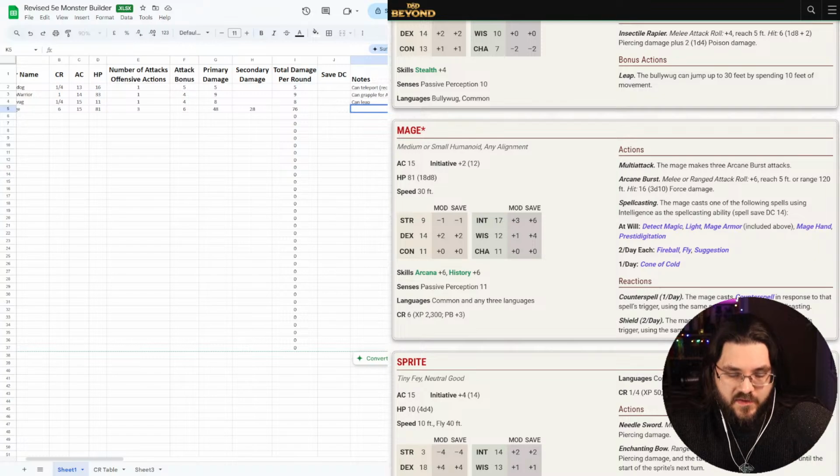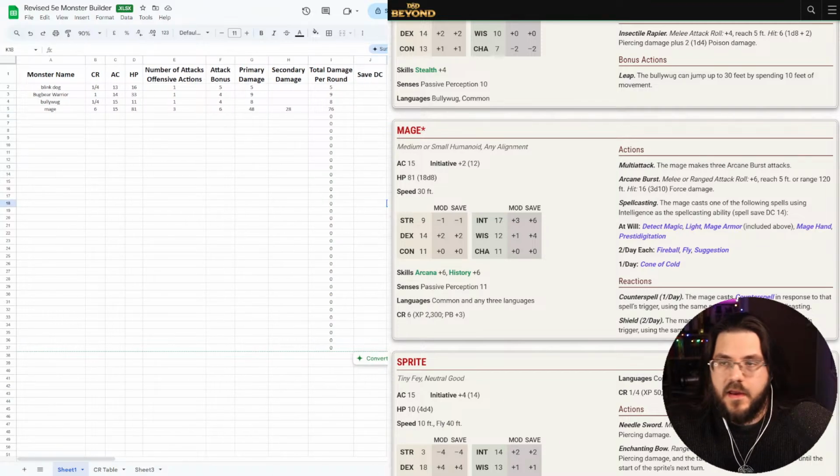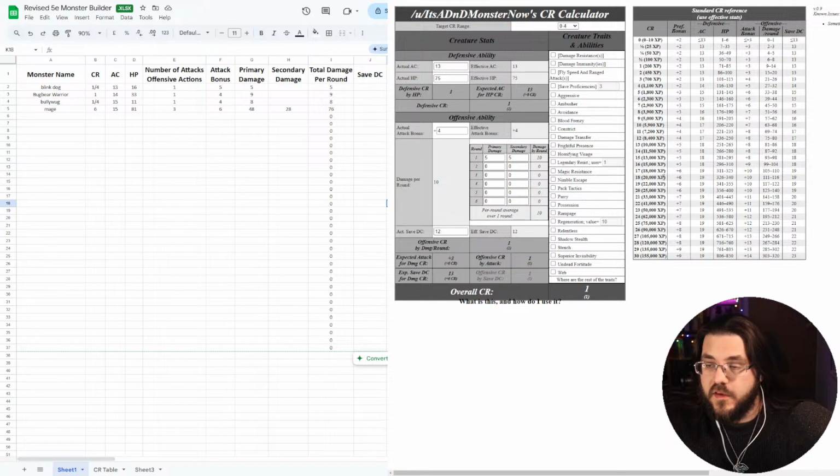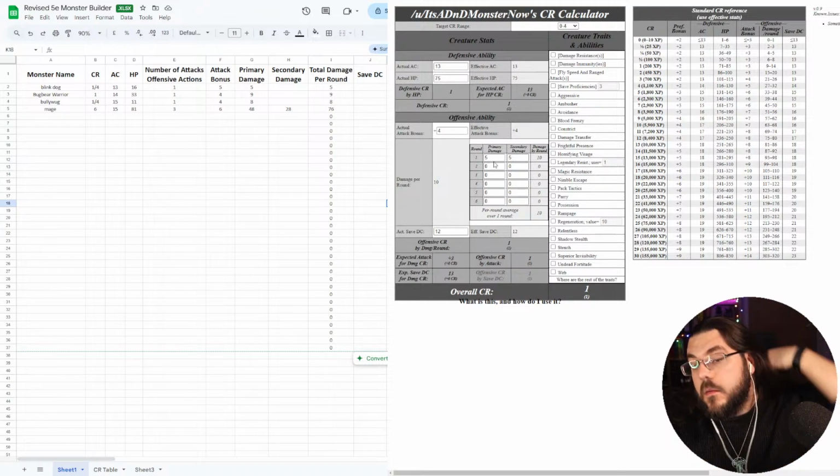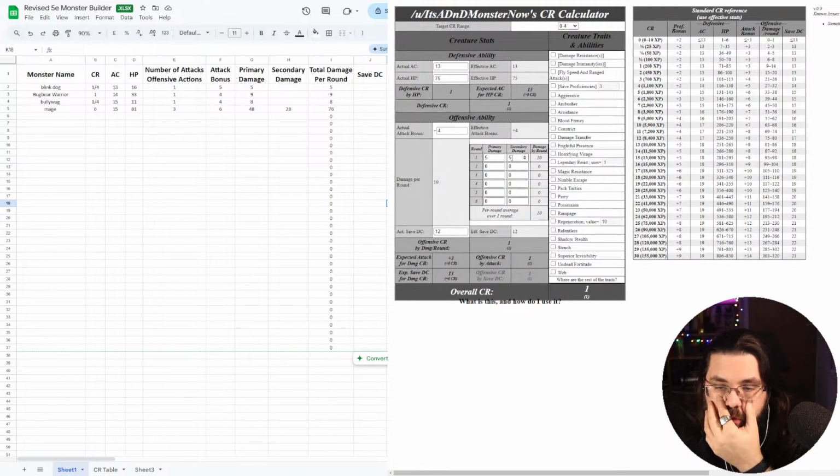So that is something that we might have to consider for 2 rounds. Let's have a look at this, because this is what primary damage per round, secondary damage per round, averages it out, average over round.